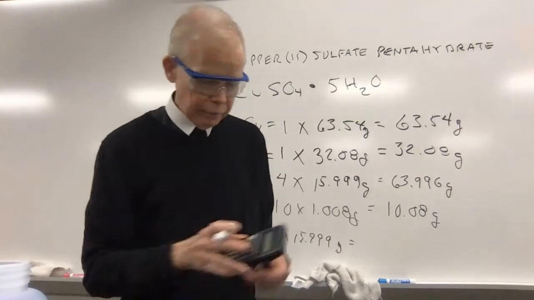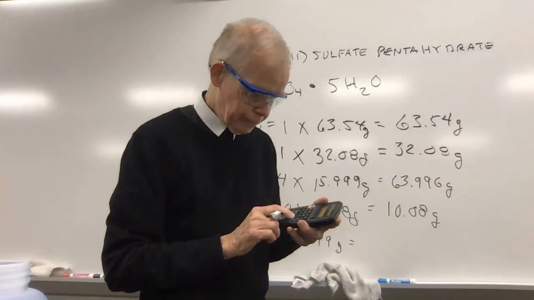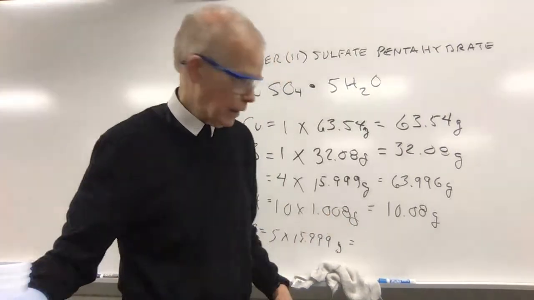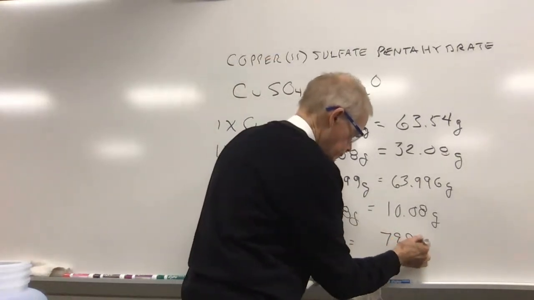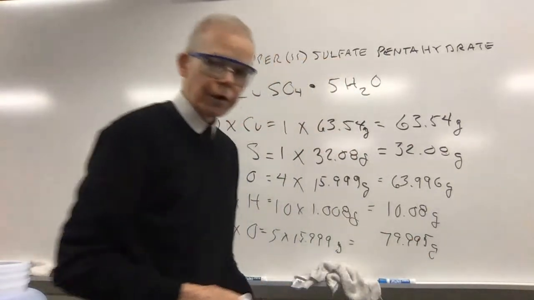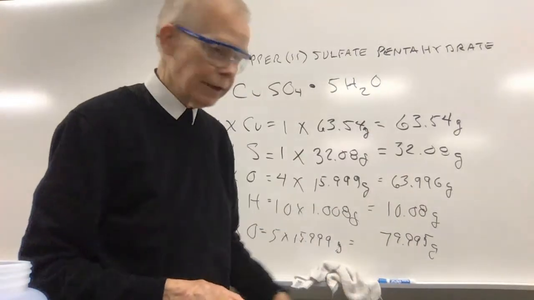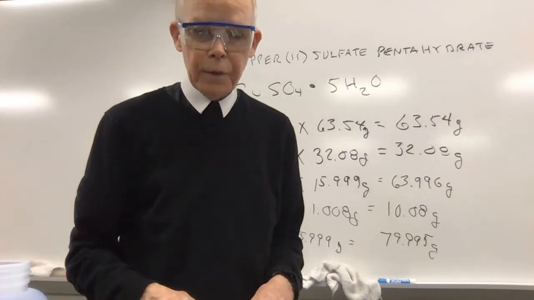And let me just do that one on a calculator just so I get it correct. 79.995. Okay, final step. Take all of these masses, add them together, and that will give me the total mass for a mole of this compound.